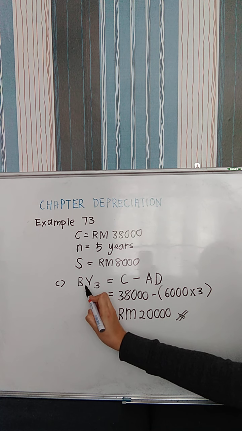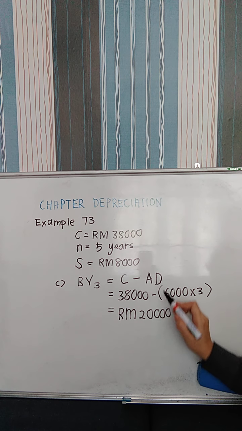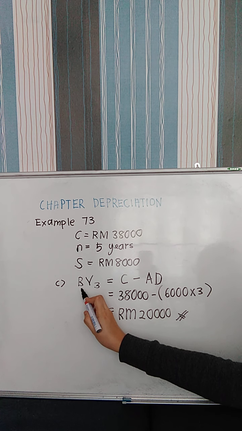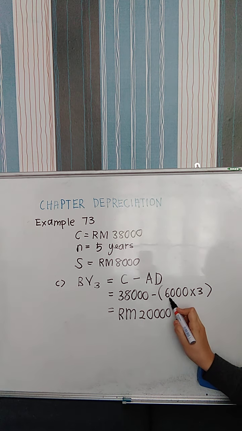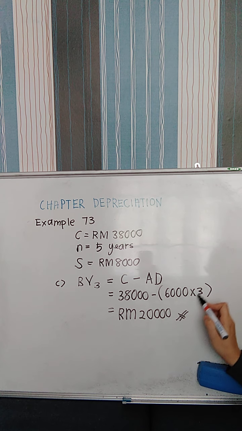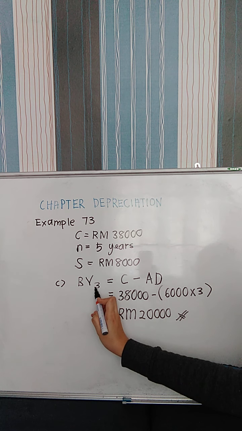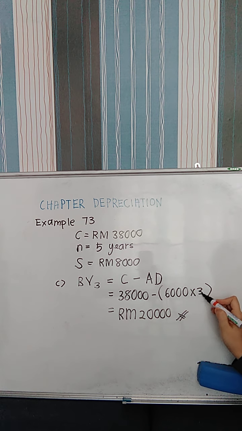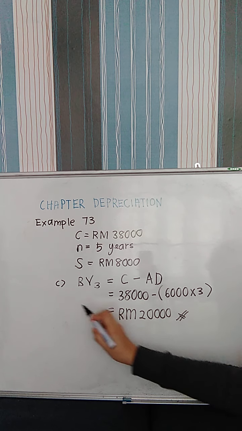If the question asks you to find the book value for 4 years, you must multiply 6,000 by 4. If book value for 2 years, you multiply 6,000 annual by 2 years. This is for number C.